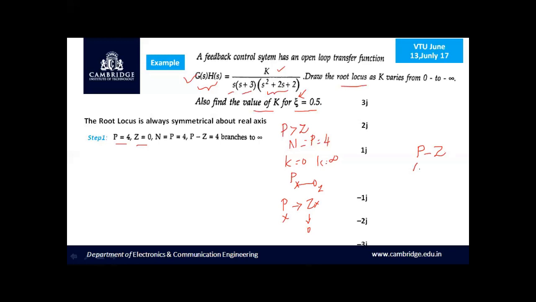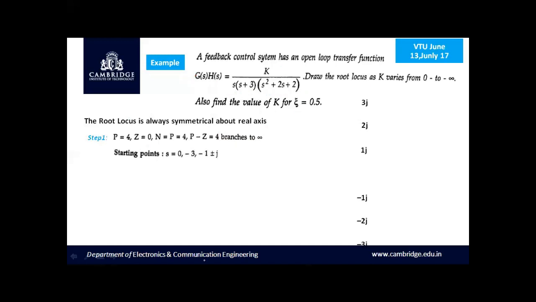We have the number of poles as 4 and the number of zeros as 0. Therefore, all the branches emerging from the 4 poles will be terminating at infinity. That is why it has been written here P minus Z is equal to 4 branches which are going to terminate at infinity.